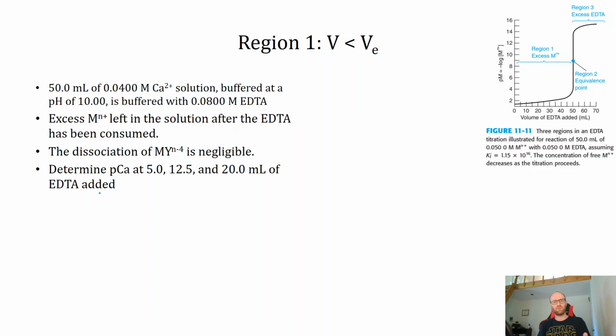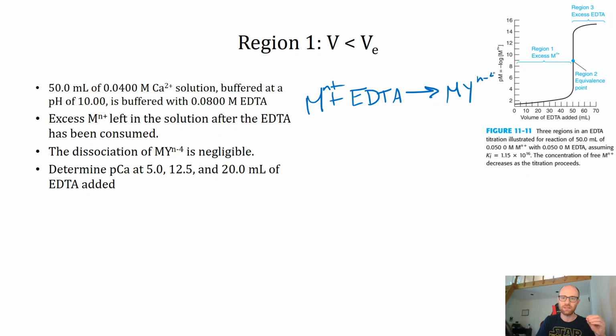So looking at region 1, because this is an EDTA metal titration, and because we've established that the formation constant is on the order of 10 to the 10th, you basically consider that a one-way reaction. As long as we're not at the equivalence point, metal plus EDTA is definitely just in a one-way process going to make your complex.